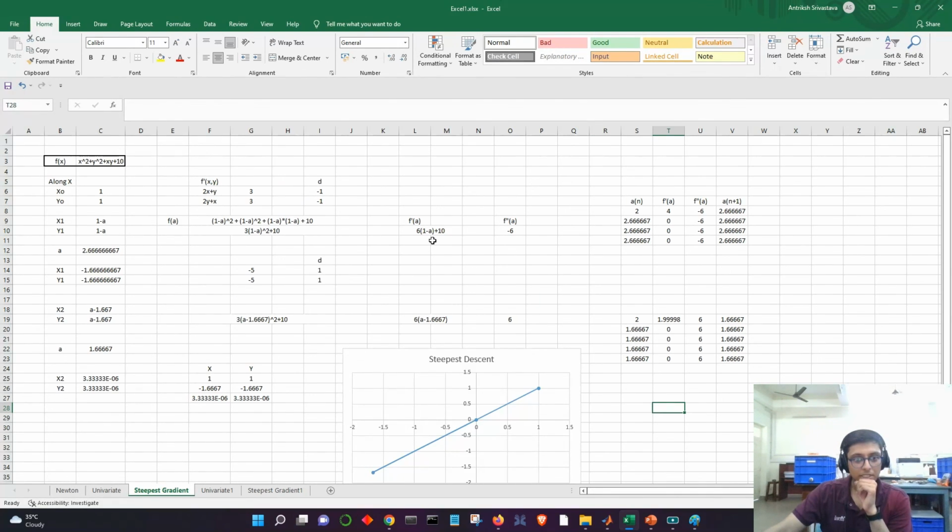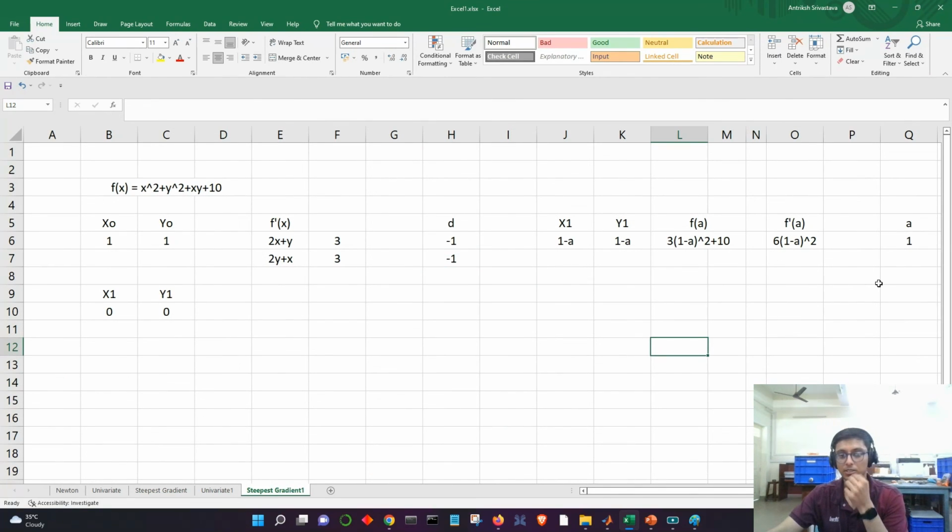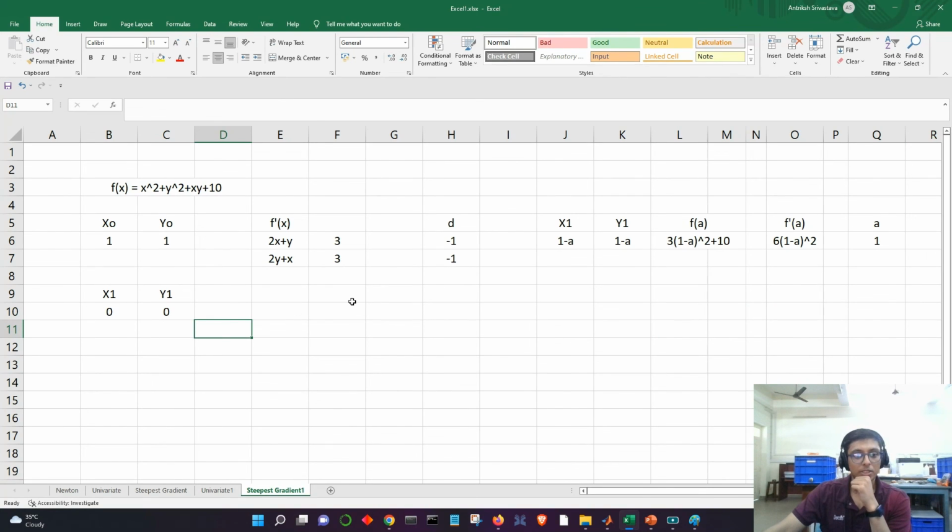Yeah, I did some mistake here. So maybe I'll share this one when I'm sharing the Excel. So in this particular thing, just by one step itself, we have gotten the value of our optima point. Yeah, so that's good.